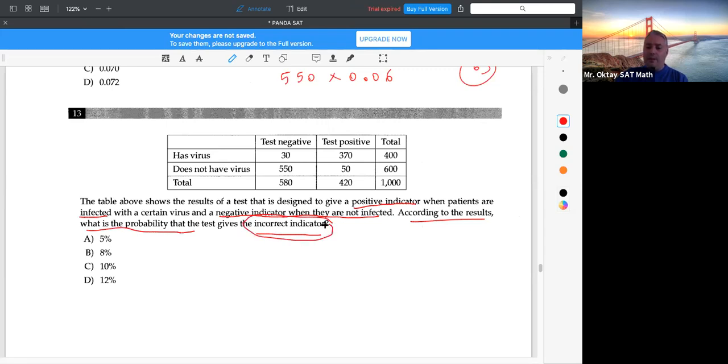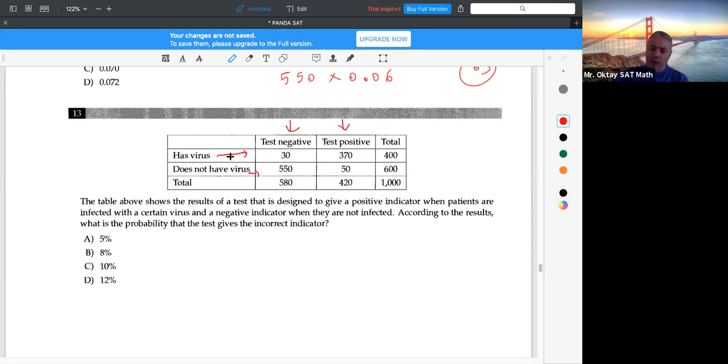So, what is the incorrect indicator? Let me ask like this. When I look at the table, it says has virus, does not have virus, test negative, test positive.